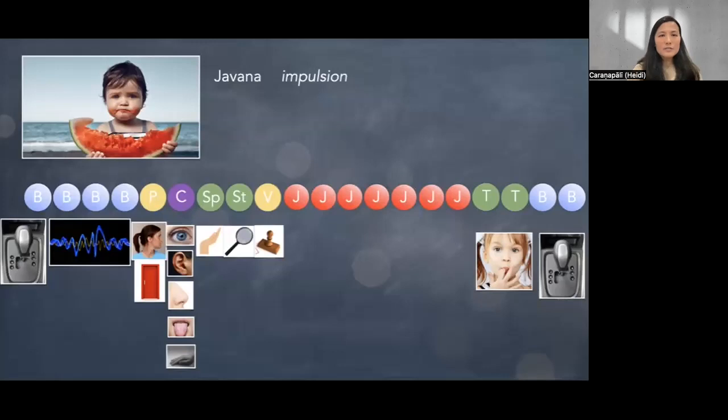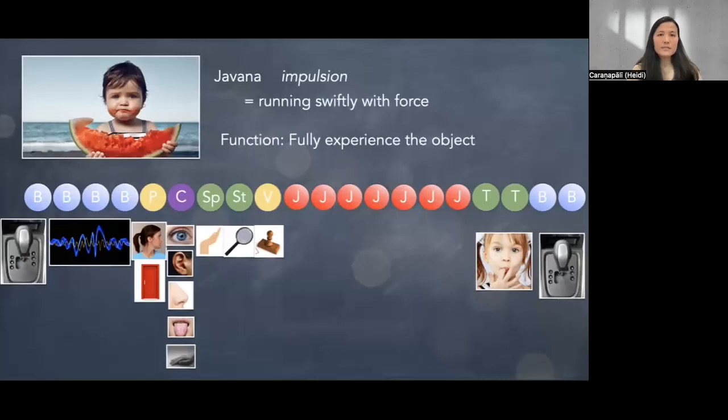Literally, it means running swiftly with force. Javana is the stage where the mind actually fully experiences the object.